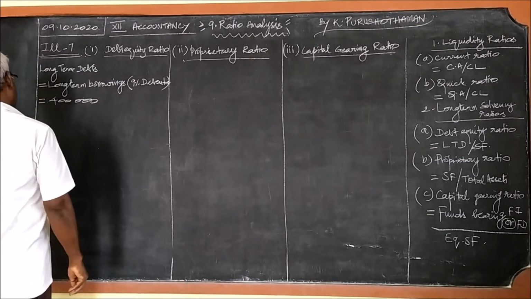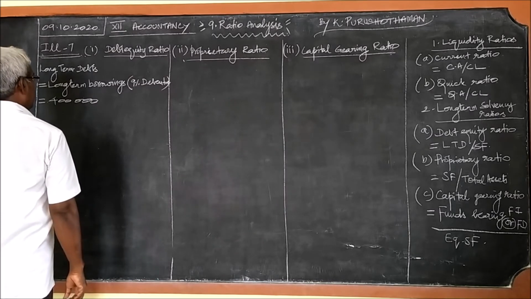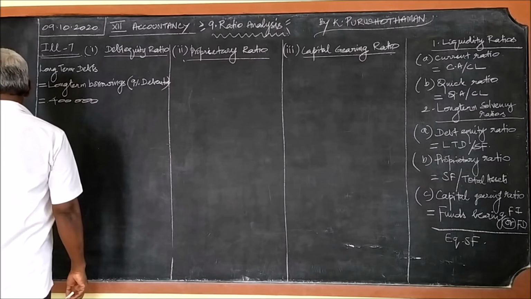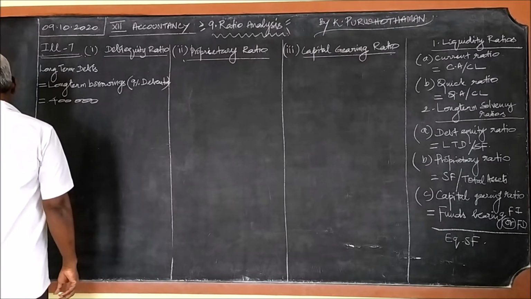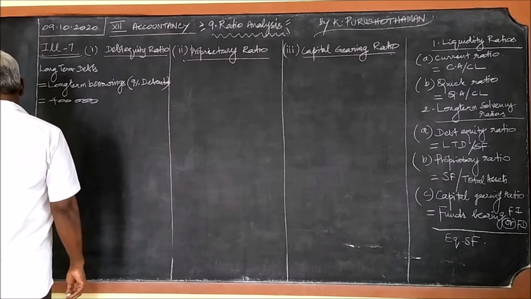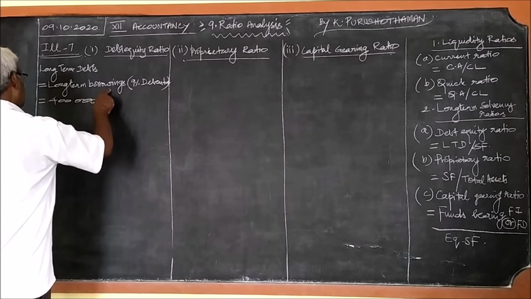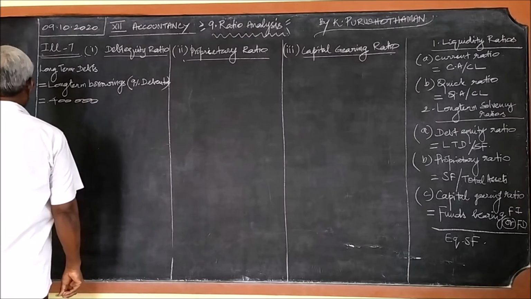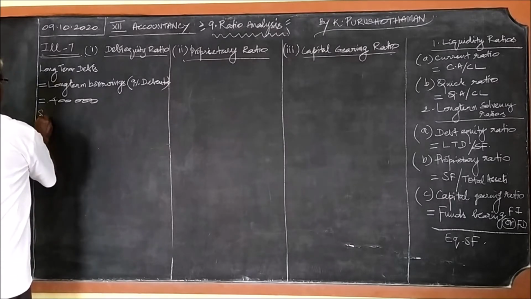Also, long-term debts are liabilities, so on the liability side only we should look. Short-term borrowings are given under current liabilities, but here it is long-term borrowing and therefore only debenture.